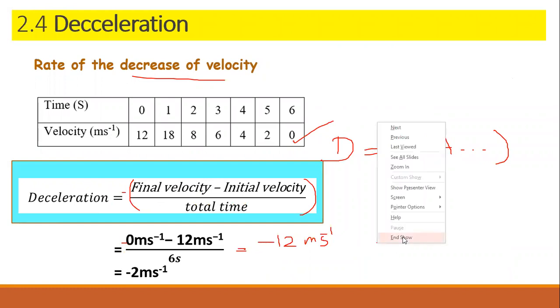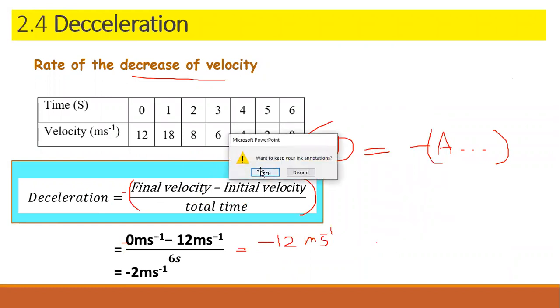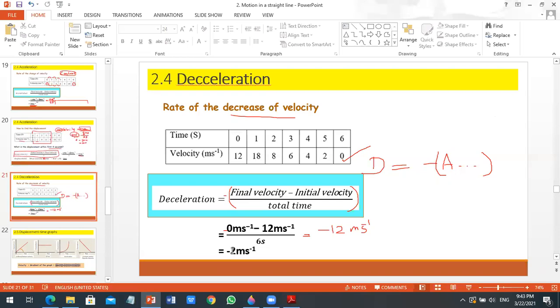So I correct it here, it's better to correct it.